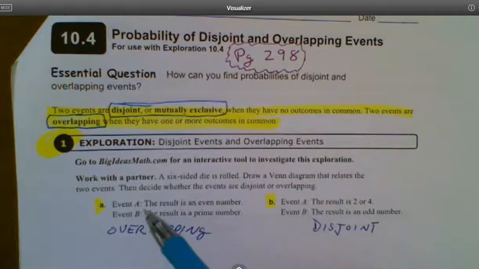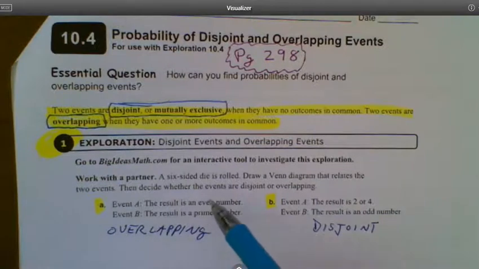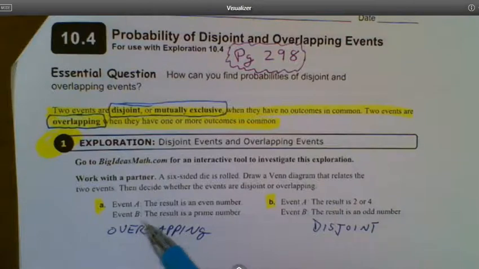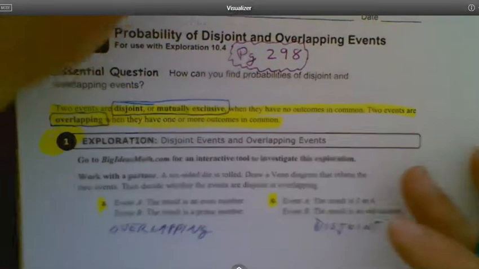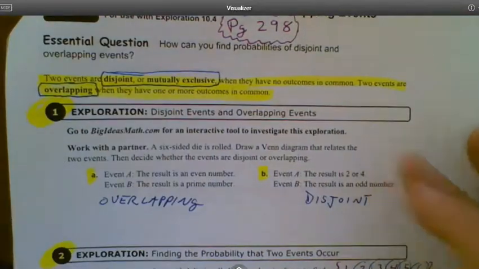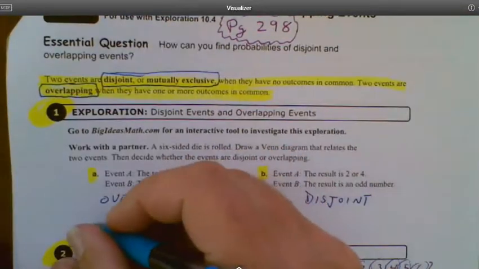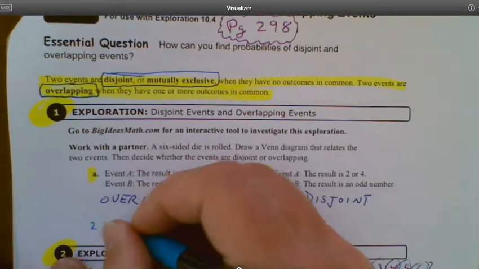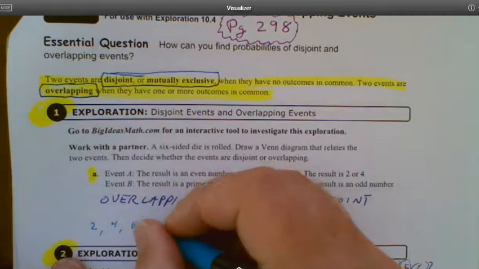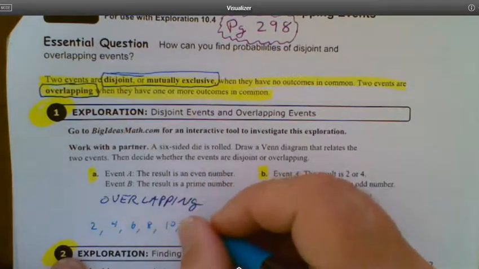So in event A, we're looking at even numbers, and in event B, so two totally separate events here, we're looking at prime numbers, right? If you consider the results of two dice that were even, let's lay those out real quick. I could get a 2, a 4, a 6, an 8, a 10, or a 12.